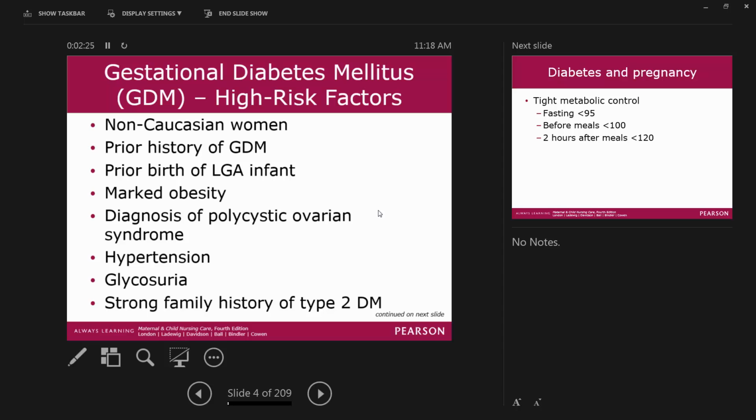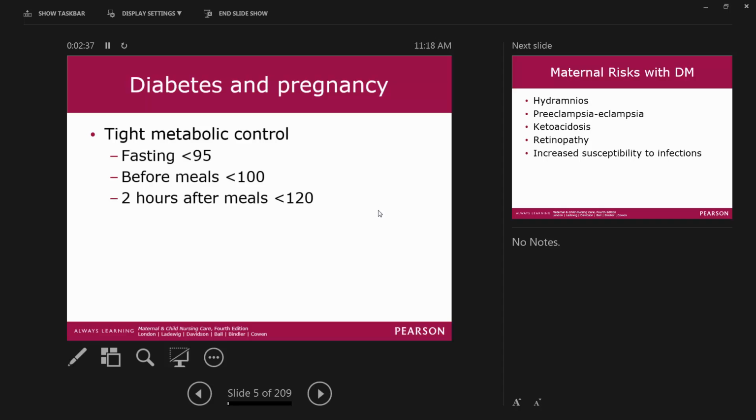All right. So here are your high risk factors for developing gestational diabetes. During pregnancy, they want an even tighter control of your blood sugars because uncontrolled blood sugars can really adversely affect the baby to the point of severe developmental problems, severe malformations and things like that.